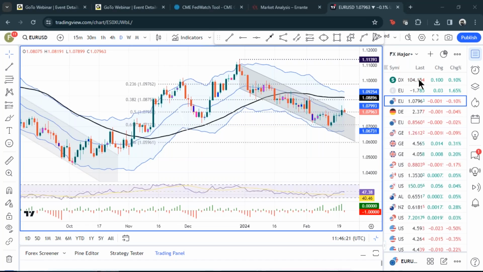Just bear with me one second, I've got a technical issue here. Nobody's saying that you can't, so I'm presuming all is good and you can see what I'm seeing. I've got the euro-dollar chart up here just to finish off with.